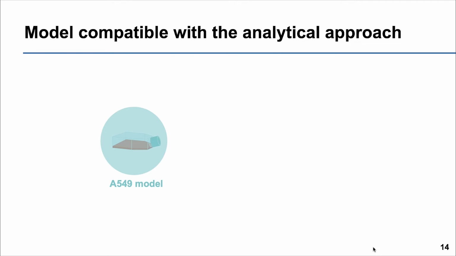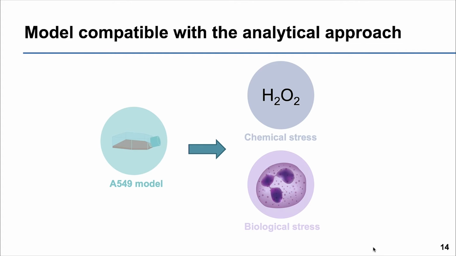So we selected epithelial cells to start, a commercial cell line, just because it's easy to grow. So we wanted to make sure that we were safe on that side. And after, to generate oxidative stress, we used hydrogen peroxide, but we also used biological stress using sputum from asthma patients and healthy individuals.